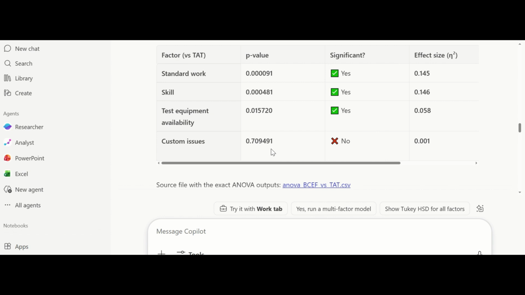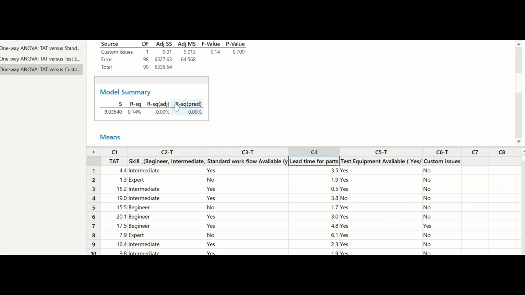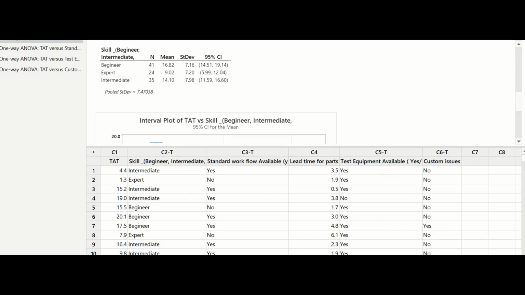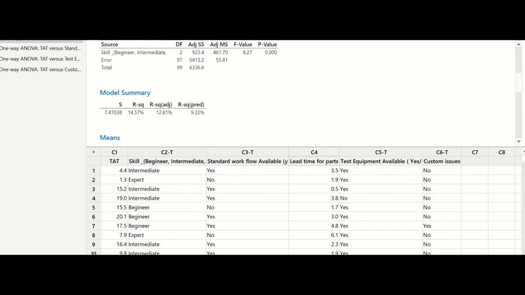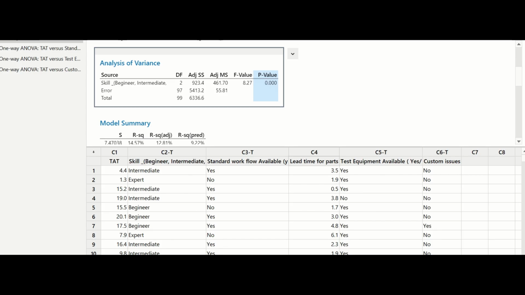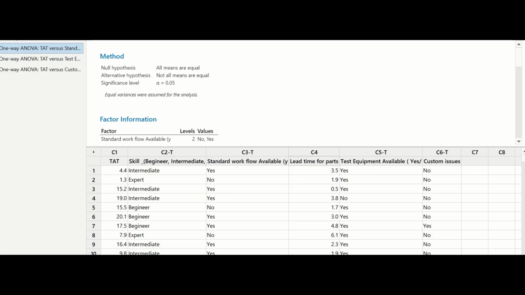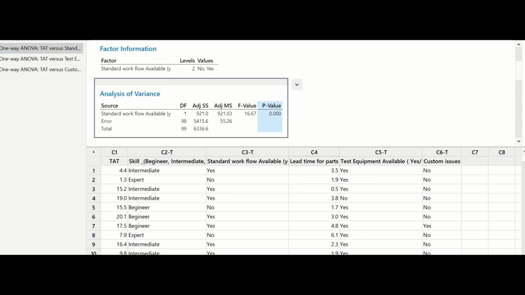I'm telling you, I did all these analyses in Minitab and the outputs are the same. If you look at Minitab, the output of TAT versus skill, skill is a significant contributor. The p-value here is 0 in this particular case. The second one is standard work, where the p-value is again 0.